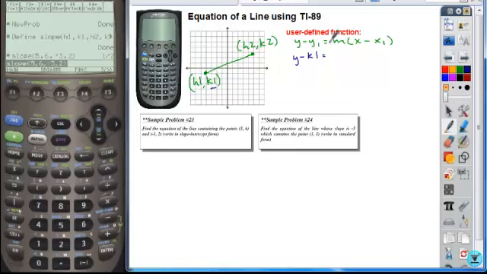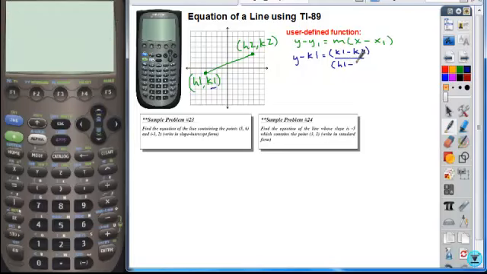So we take the difference of the y's, the k's, k1 minus k2, and divide that by the difference of the x's, h1 minus h2, and then multiply this whole thing by x minus, and again, x1 is replaced by h1.